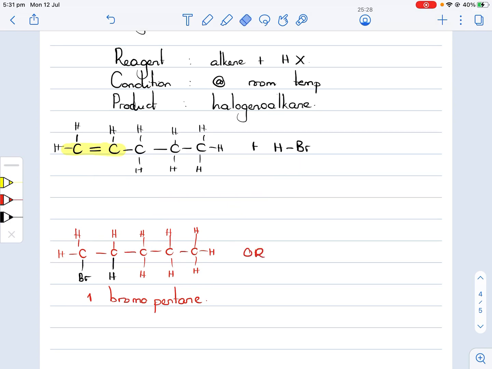Another possibility is to swap where the hydrogen and the Br go. I can say the Br is going to go to the second carbon, the hydrogen to the first carbon.